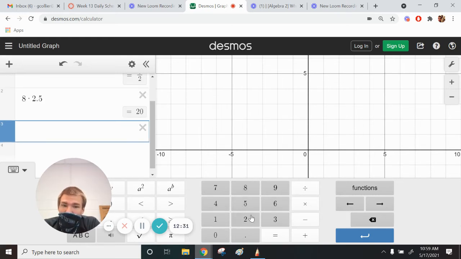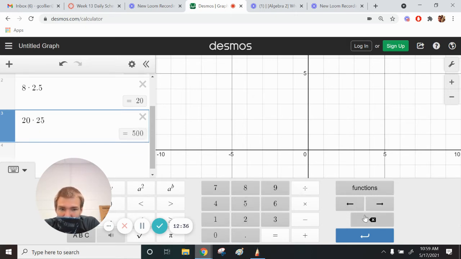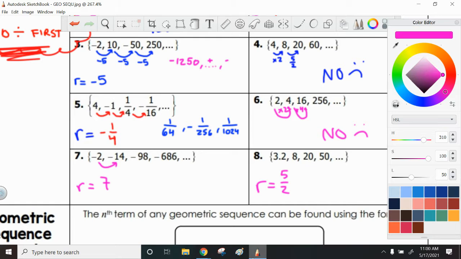So that's good. 20 times 2.5 gives us 50. So 2.5 is the way that we find the pattern. So again, use this second divided by first strategy. Use it, use it, use it.